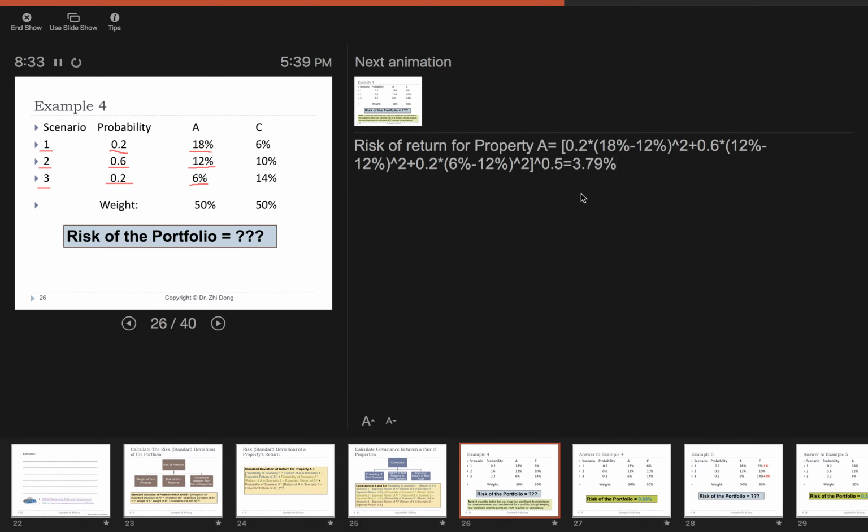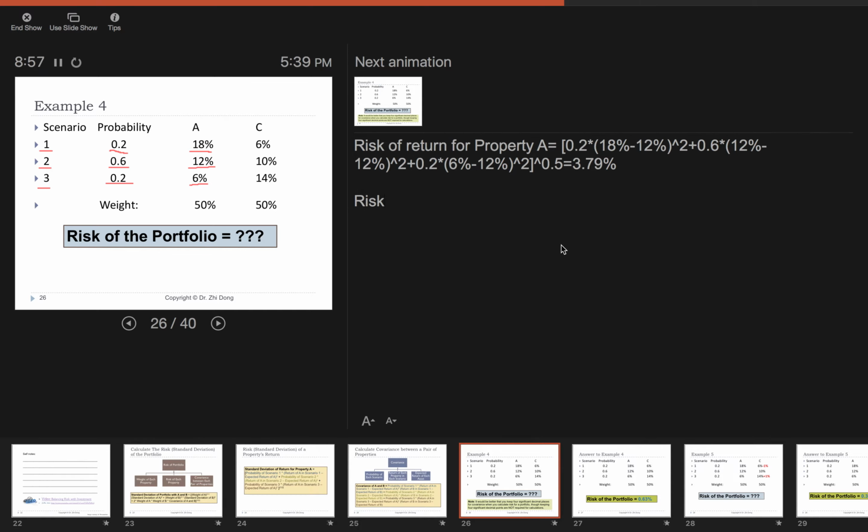So now, how to calculate the risk of return for the other property, property C? We will be able to calculate it by repeating exactly the same process, but just replacing the information of property A with the information of property C. So let's look at this.